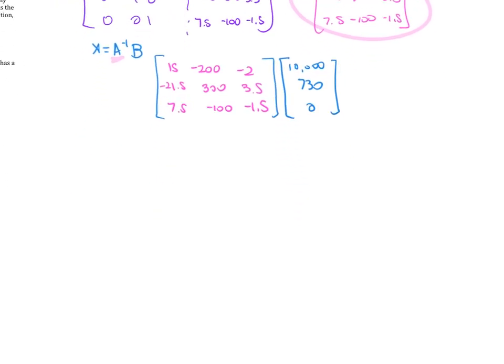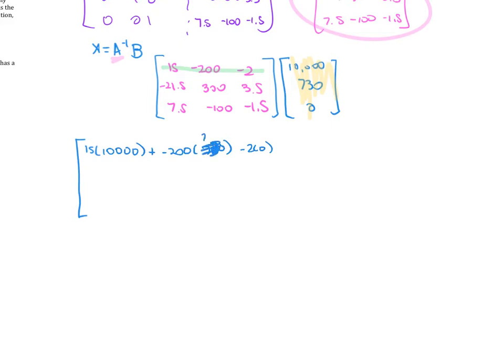And then this is practice in multiplying again. You do row by column, so just a good review, row by column. We have row one, column one here. So this is going to be 15 times 10,000 plus -200 times 730, then minus 2 times 0, so I can really ignore that.